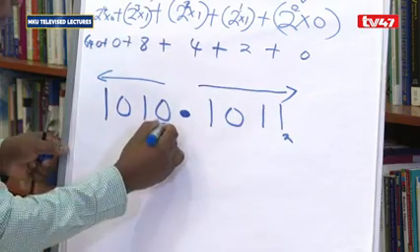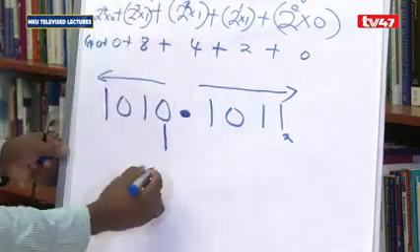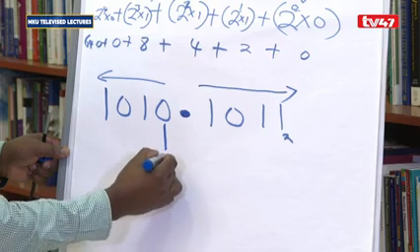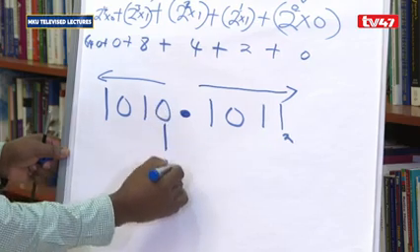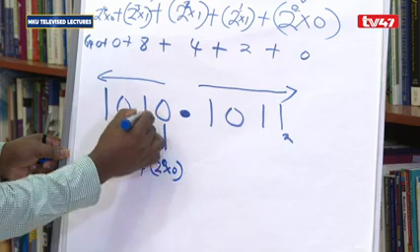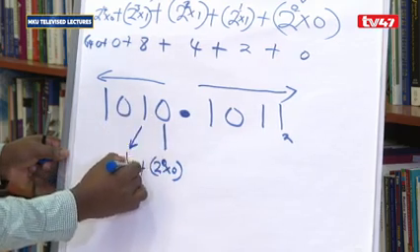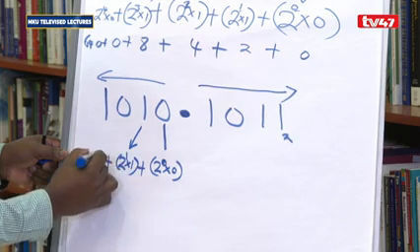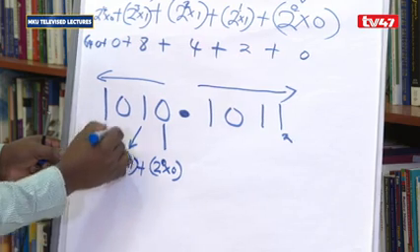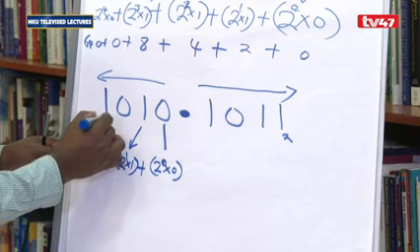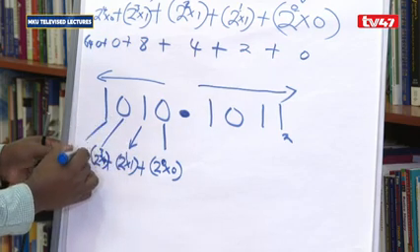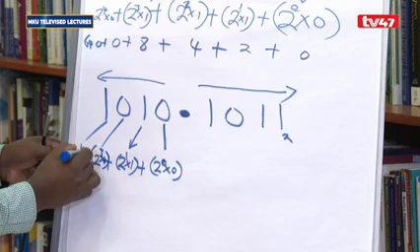For instance, like we have done on this side, this will be 2 to power 0 times 0, plus 2 to power 1 times this 1, plus 2 to power 2 times this 0, and the last one, 2 to power 3 times this 1.